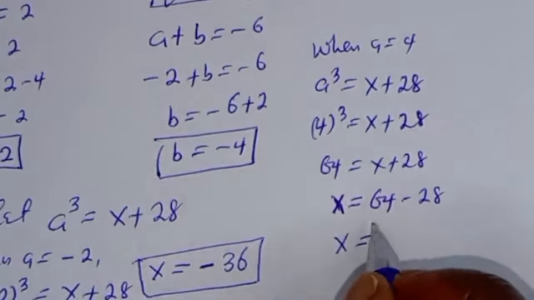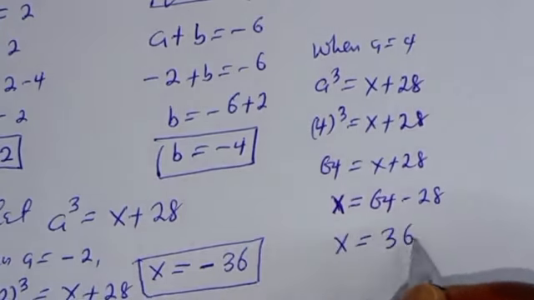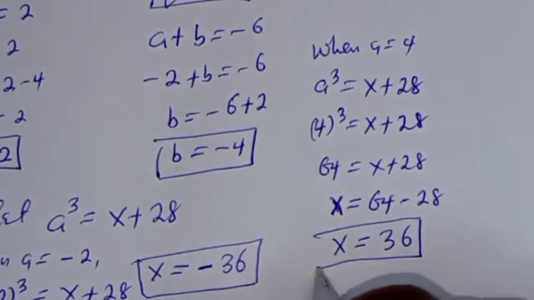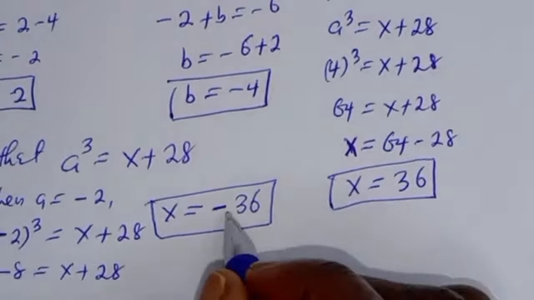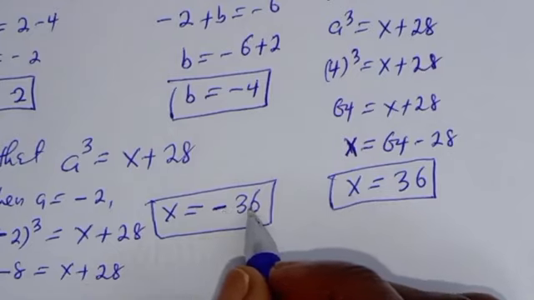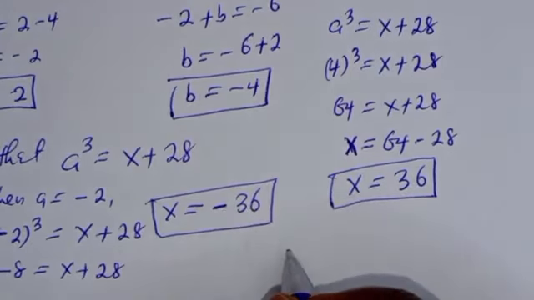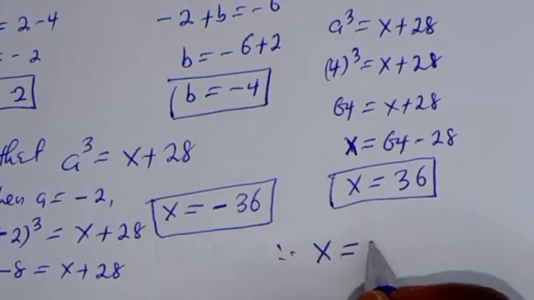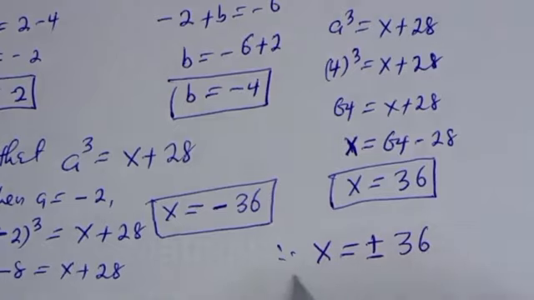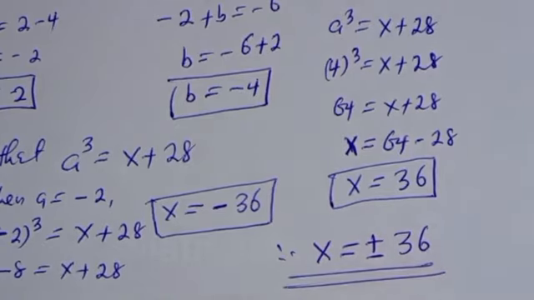Then s is equal to 36. This is another value of x. Therefore, our final answers for x are: s is minus 36 or plus 36. Therefore, s is equal to plus or minus 36. This is the final answer.